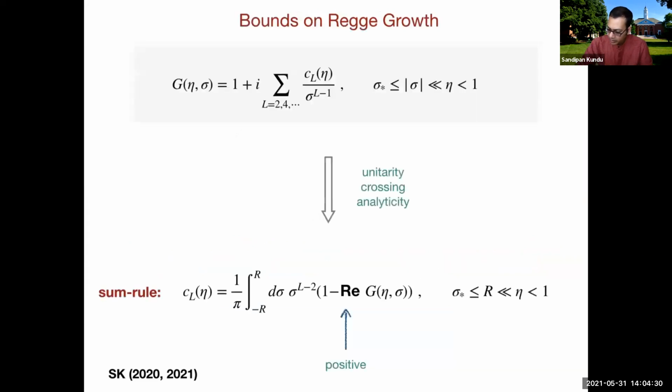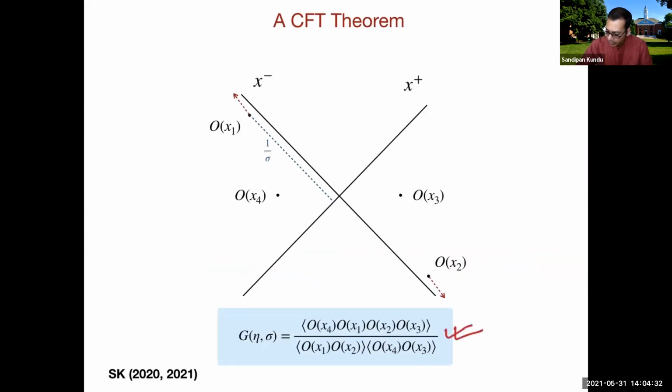The x plus and x minus are the standard null coordinates. So this is a Lorentzian correlator, and as you can see, some of the operators are timelike separated. So operator ordering inside this correlator is very important, and the operators are ordered as written inside the correlator.